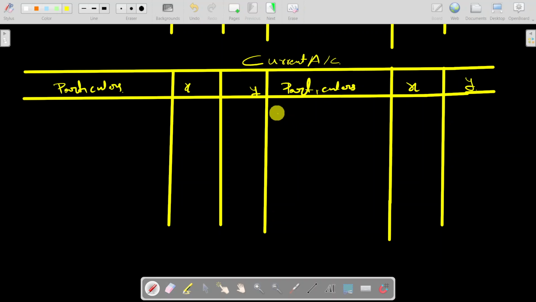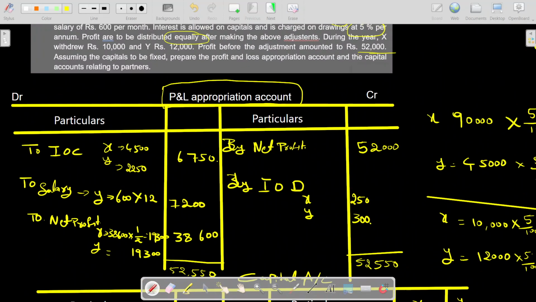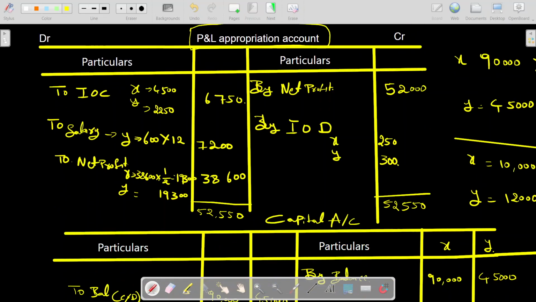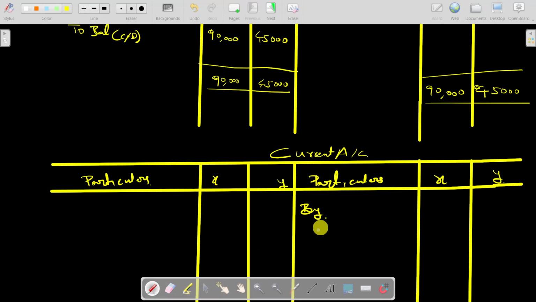What they are getting, we can simply see from the P&L appropriation account. Whatever amounts come in the debit side of the P&L appropriation account will come in the credit side of the current accounts. So here we have debit side interest on capital, salary, net profit, and these are the amounts to be given to the partners. So in the current accounts, we have to record these items.